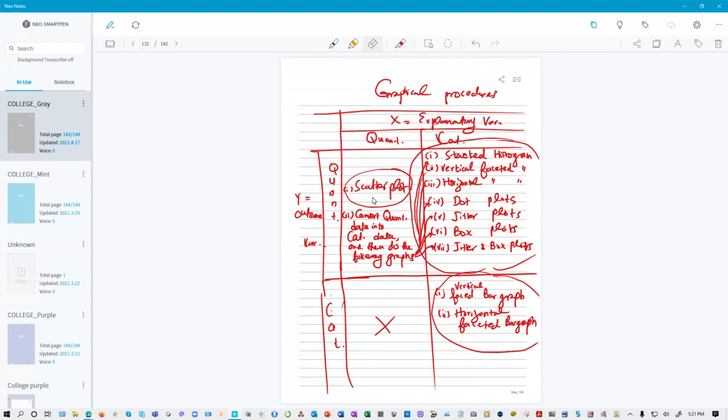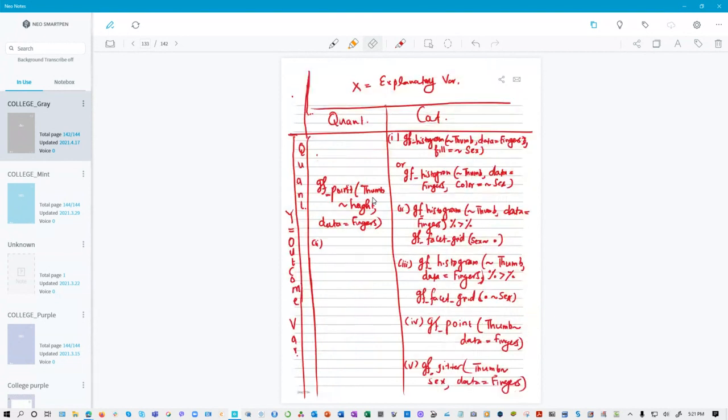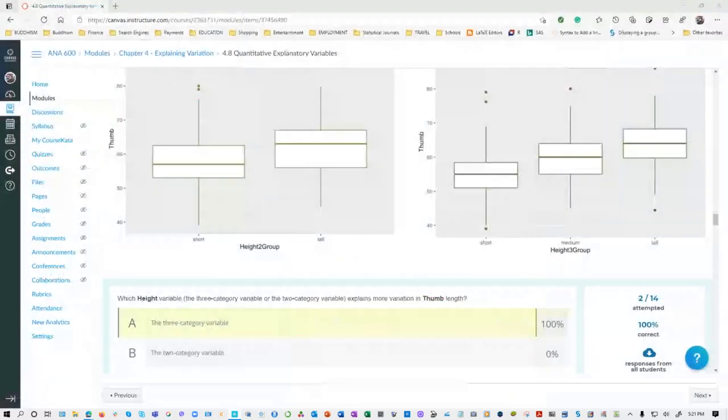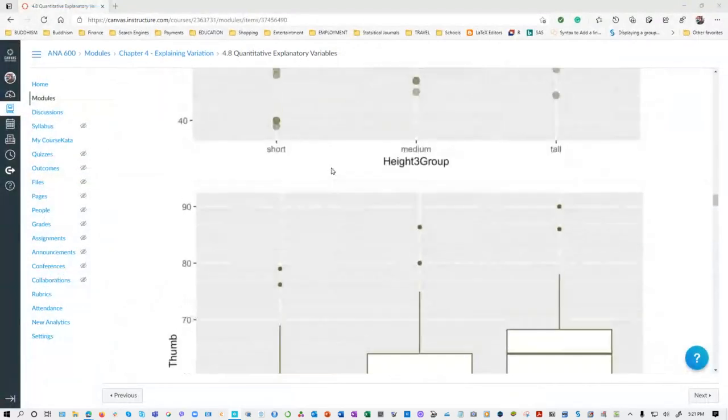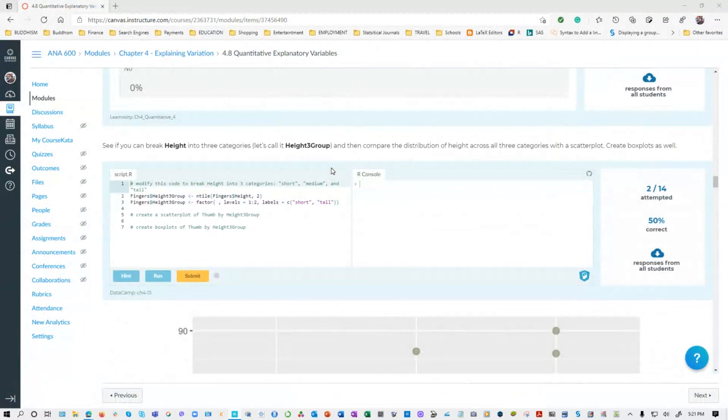How do you convert that one? You know how to convert. If you need that code, you can see it.